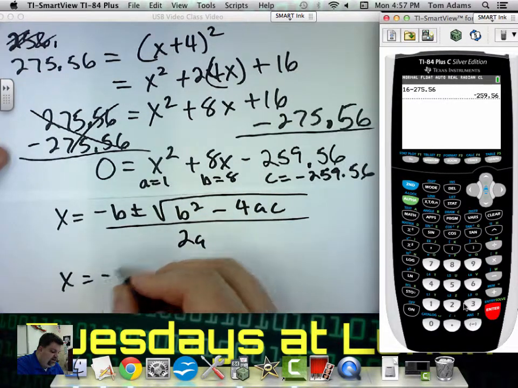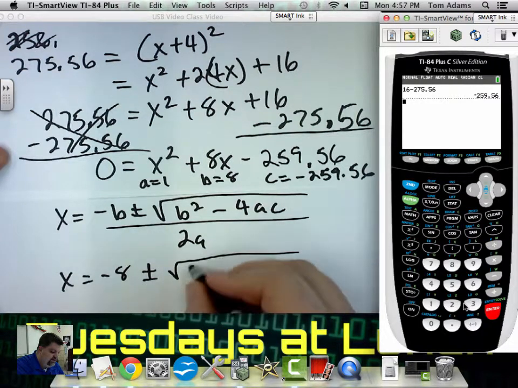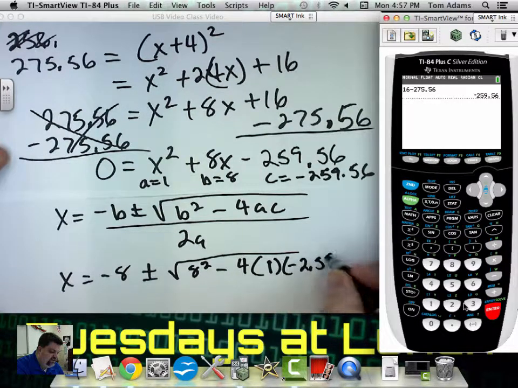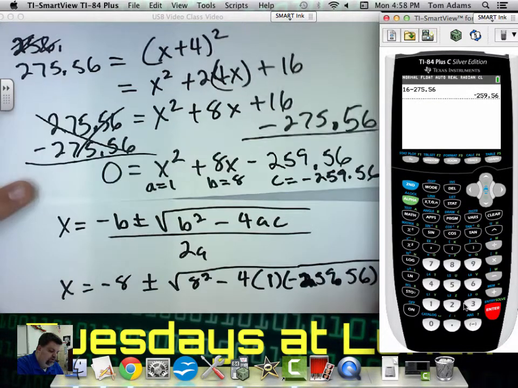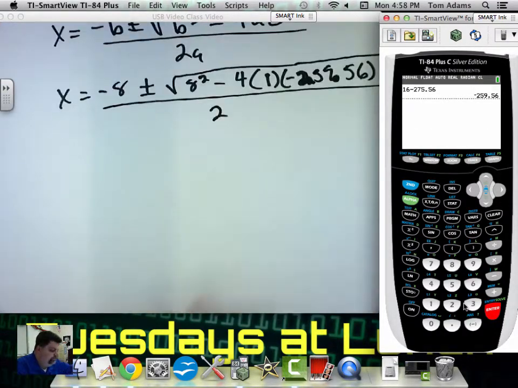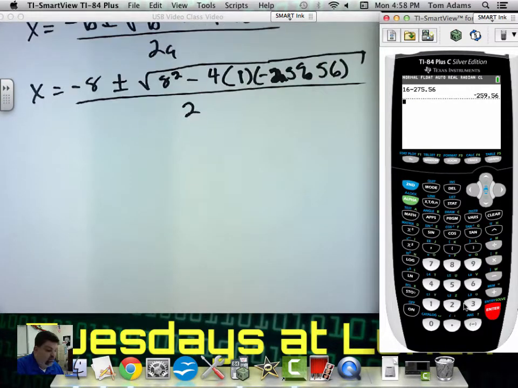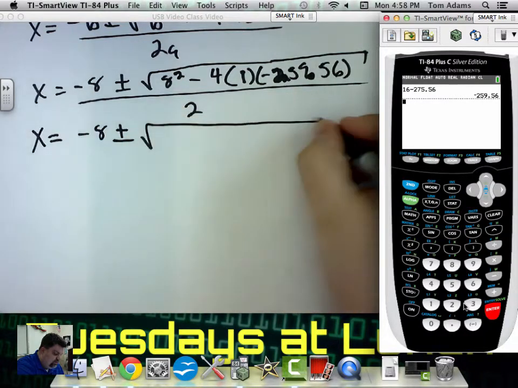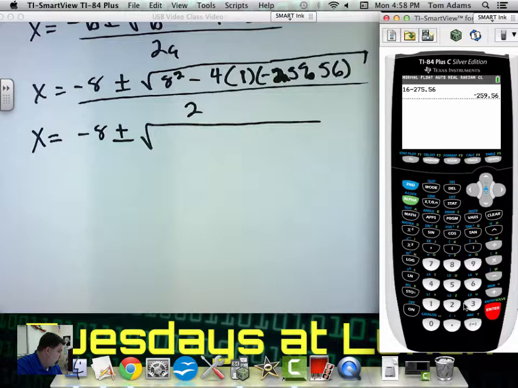That means x is equal to negative 8 plus or minus the square root of 8 squared minus 4 times a times negative 259.56, all over 2 times 1, which is 2. So here's where we're at. Got to solve this. Well, that gives me x is equal to negative 8 plus or minus the square root of this.